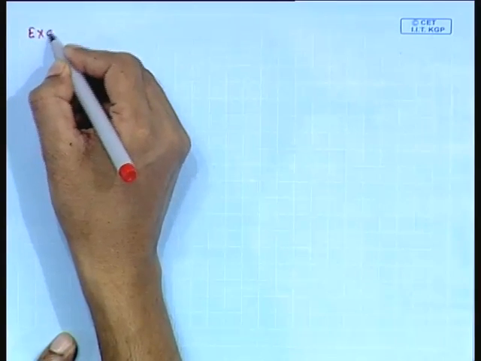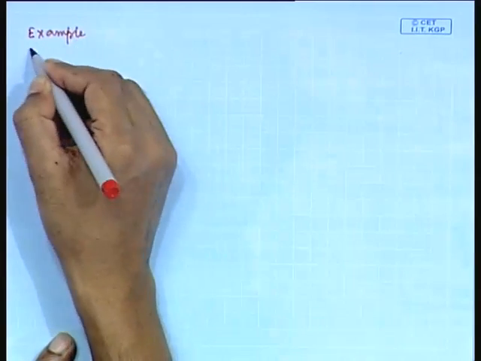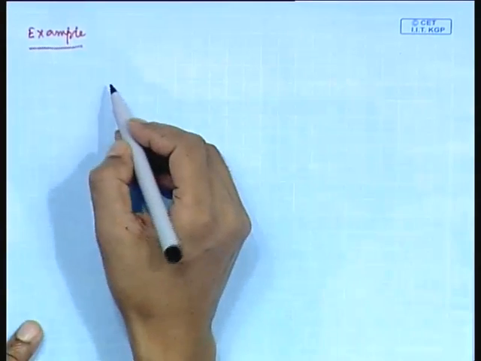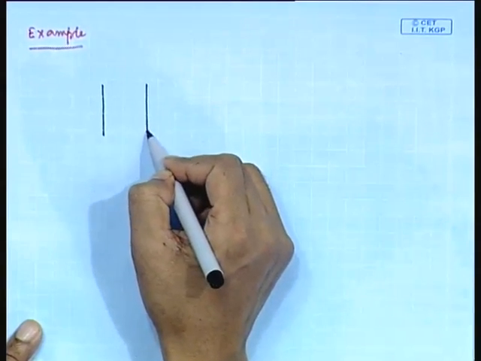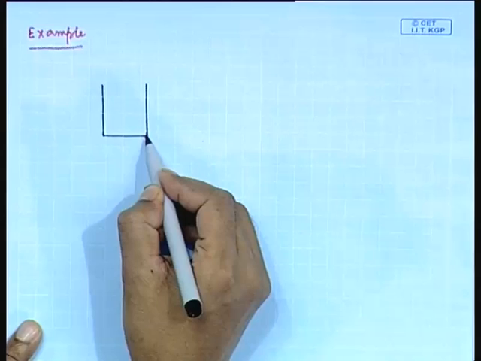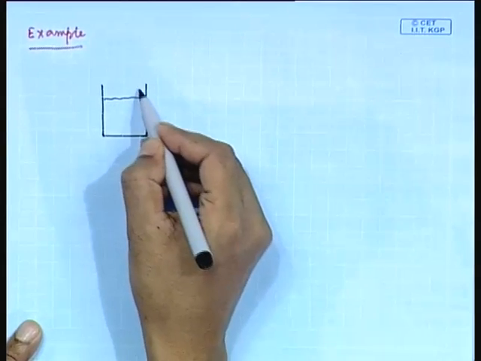Next, we will take one example to derive the design equation for this feed forward controller. We will consider an example of this feed forward control scheme. So, we will take a heating tank system which we discussed earlier.